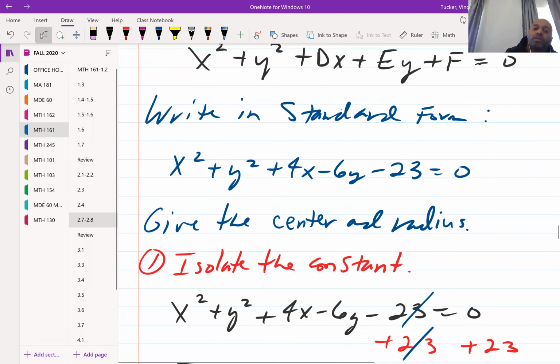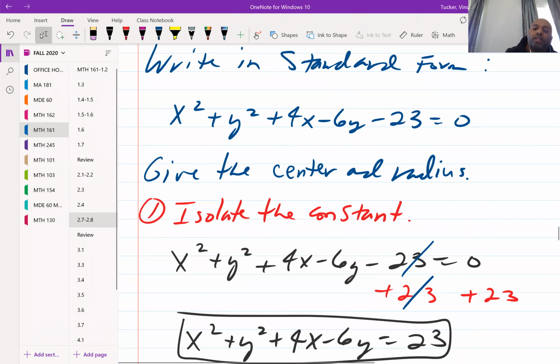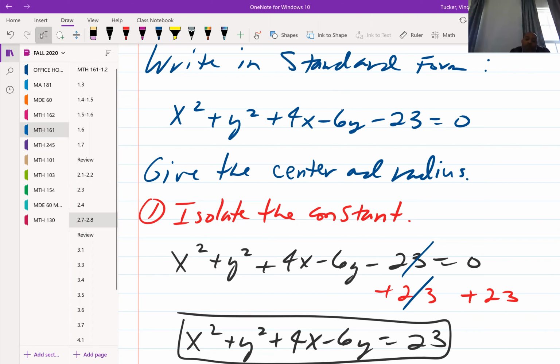First thing we want to do is isolate the constant. The constant is the number that has nothing to do with any of the variables. So that's the one that stands alone. That's 23. So we add 23 to both sides to get the 23 on one side by itself.